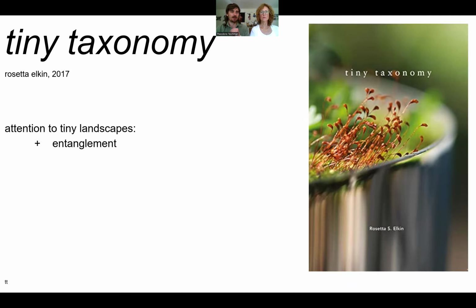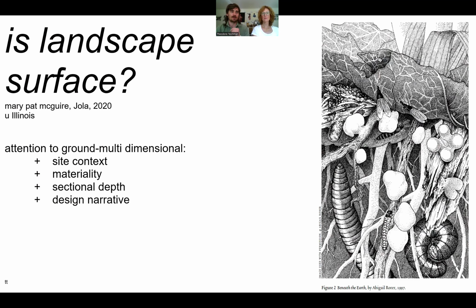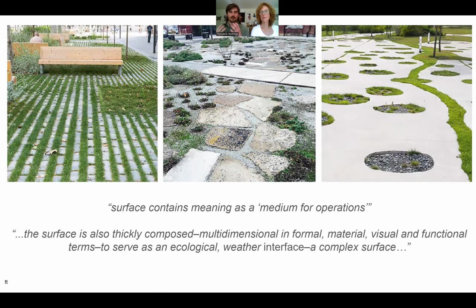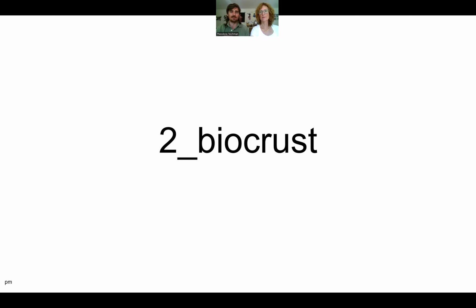We have been excited by approaches like Rosetta Elkin's tiny taxonomy, which focuses on attention to tiny landscapes and the entanglements therein, and Mary Pat McGuire's innovative and critical approach to surfaces as dynamic and as essential to a medium for operations for design that can take on a lot of capacity and performance, even if it's very thin and seems like a superficial landscape.